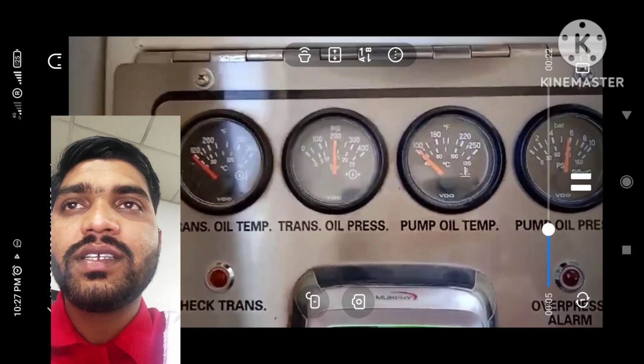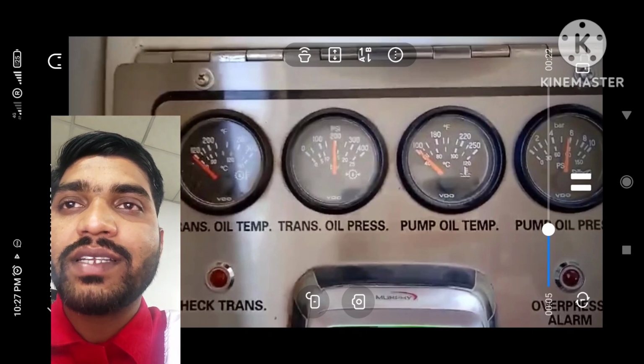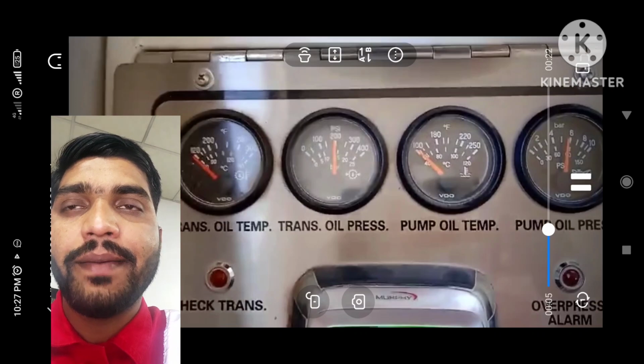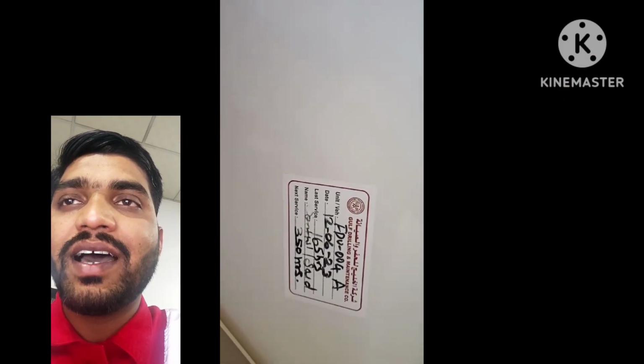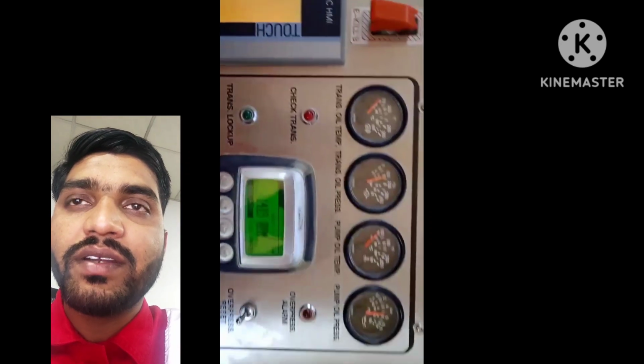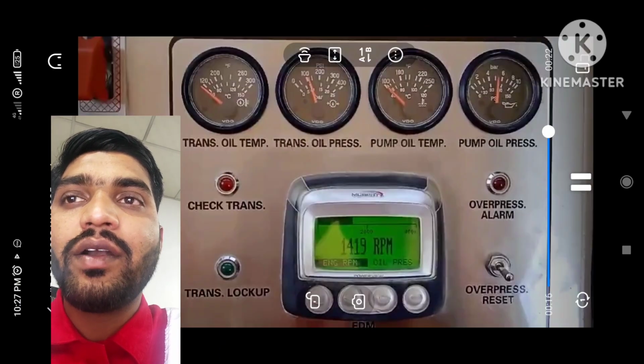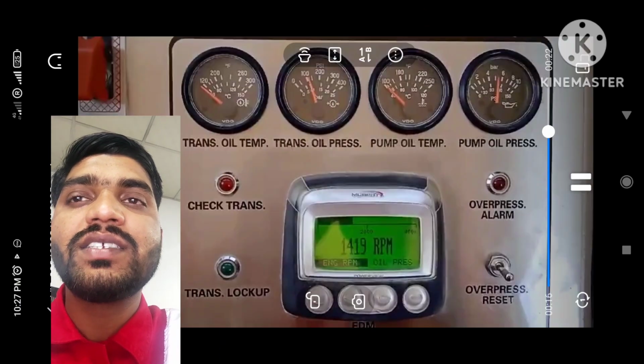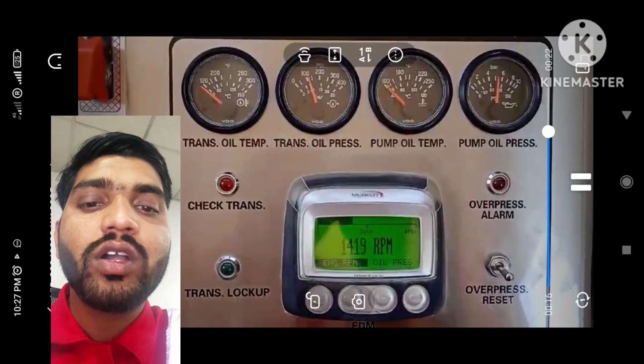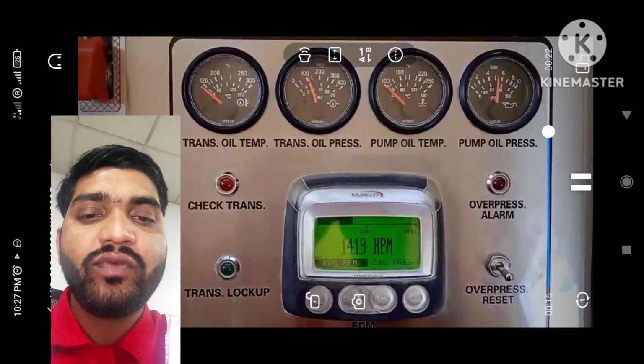Now we have side B of the same pump, and the rpm is the same, 1421. But here the transmission oil pressure is 100, which means this is not the correct pressure, so we need to fix this.